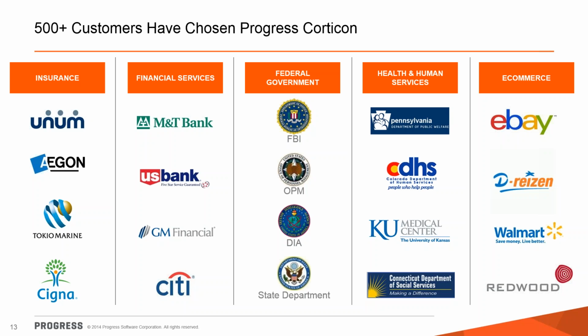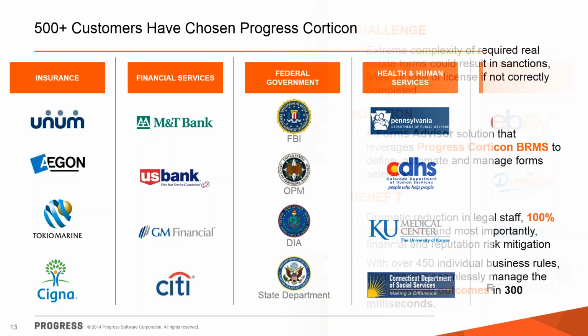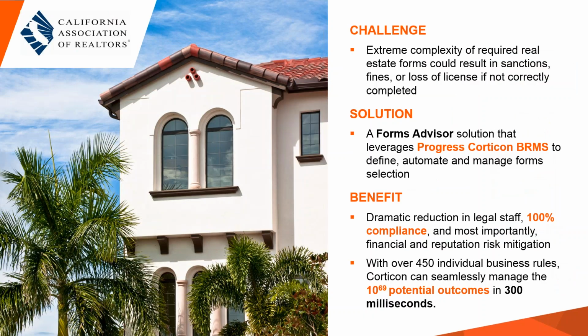In the federal government space, FBI uses Corticon as an example to figure out which is the right team that needs to work on the investigation for this applicant if he's applying for a federal job. Health and Human Services, a lot of Medicare, Medicaid implementations, and e-commerce. So let's drill down into a couple different use cases so that you can understand how these are being used.